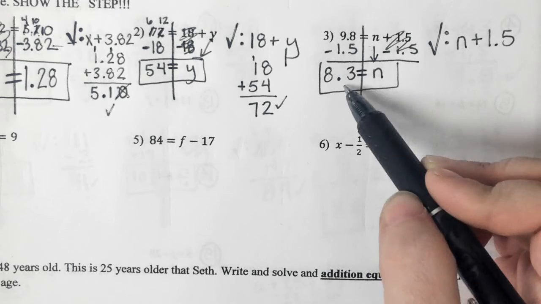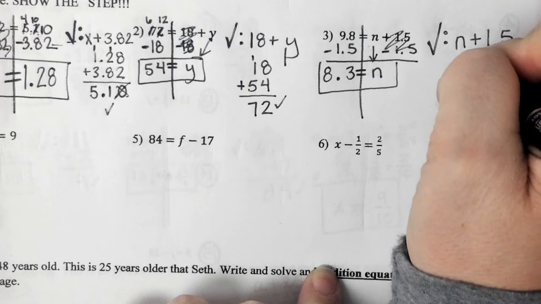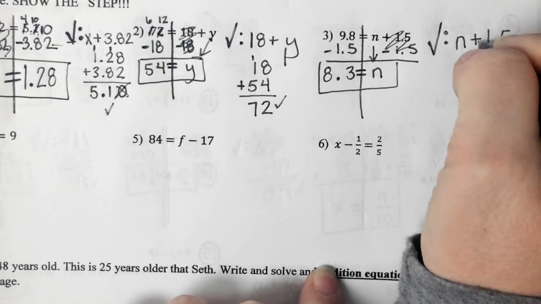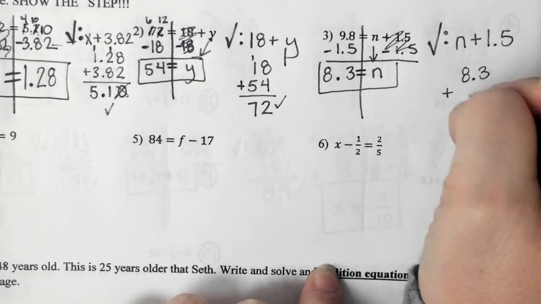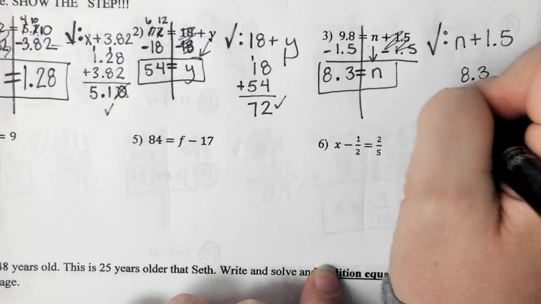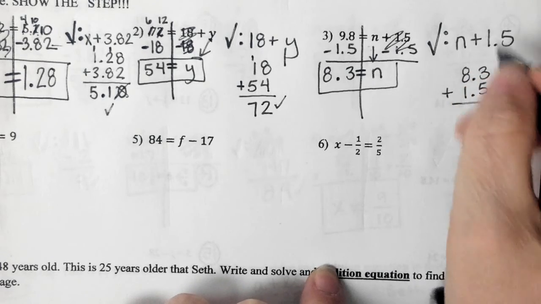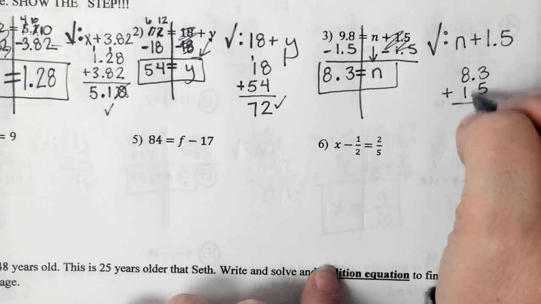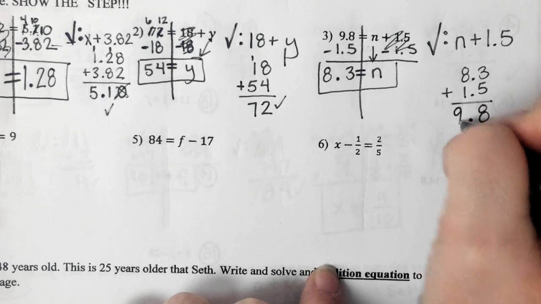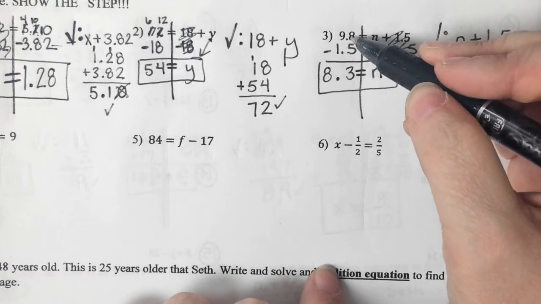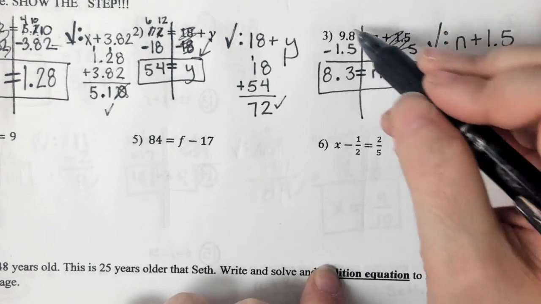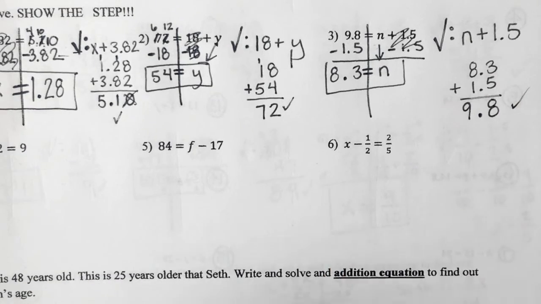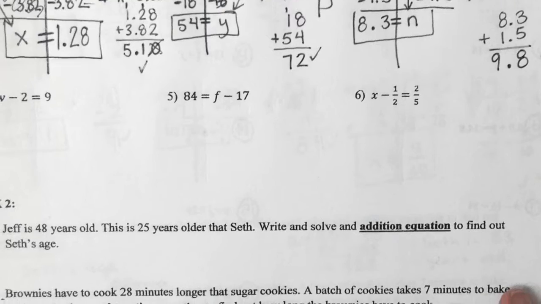N is 8.3 plus 1.5. 3 plus 5 is 8. Bring down your decimal. 8 and 1 is? 9. All right, so there's 9.8. There's 9.8. Do those match? Yes. So that looks good. Okay.